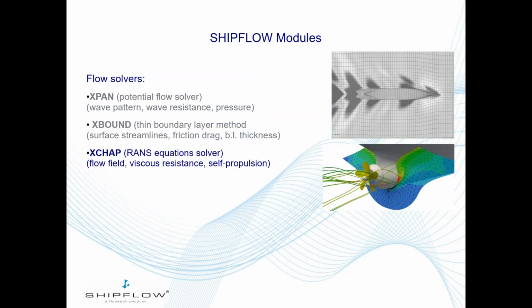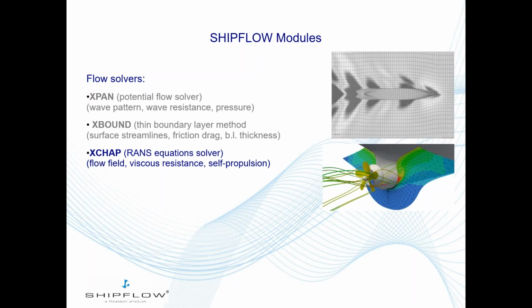Now, nowadays, the most common solvers are RANS solvers, and the program in SHIPFLOW is called XCHAP. It's a finite volume method for incompressible steady flows, and it uses overlapping grids.